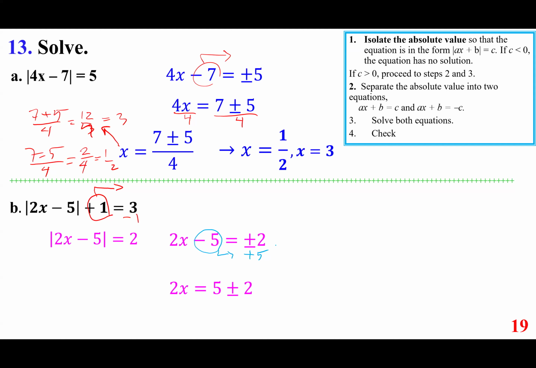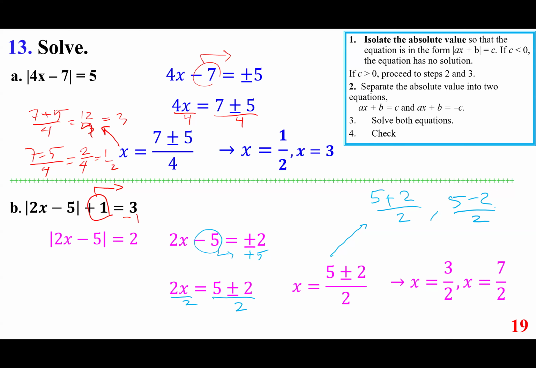Divide by 2. And so we get 5 plus 2 over 2, 5 minus 2 over 2. So the answers are 7 halves and 3 halves. So it's very straightforward, everybody.